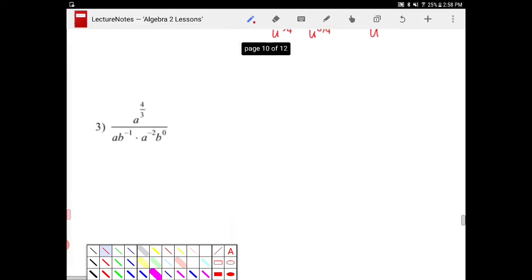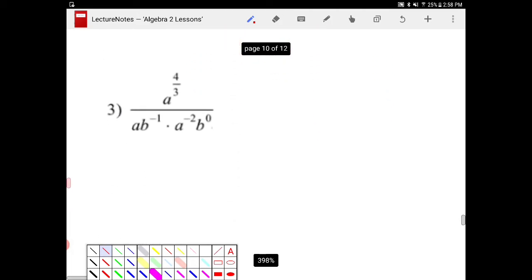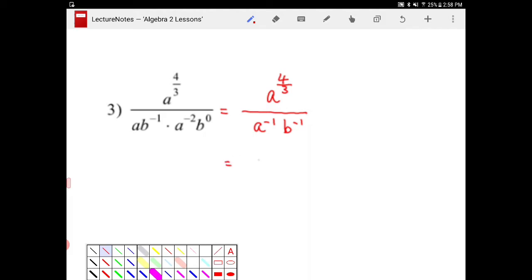Let's try the next one. Okay, so b to the 0th, that's just 1. I have a and a to the negative 2 in the denominator. So the whole denominator becomes a to the negative 1st, b to the negative 1, and the numerator is a to the 4/3. Are there any things that I can combine together?